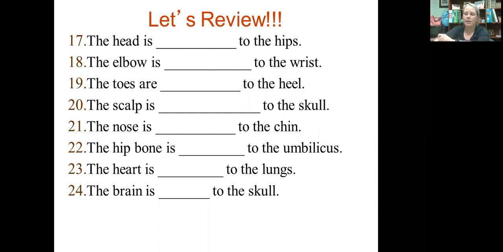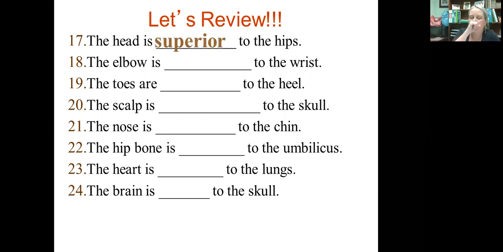So the other thing I said that you might want to do is to take words that you actually know, above it, below it, in front of it, behind it, that kind of thing. Put those words in the blank first. Once you have those words there and you know, okay, that's the word I would use, now, what word in A and P means the same thing? And so that's what you kind of want to do with these. So we would say the head is above the hips, and so that word would be superior.